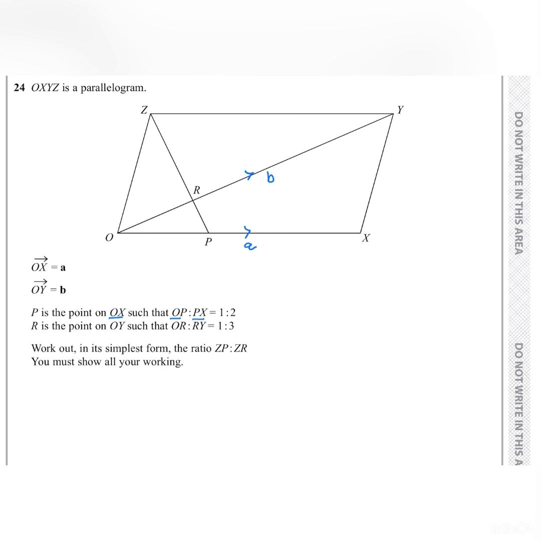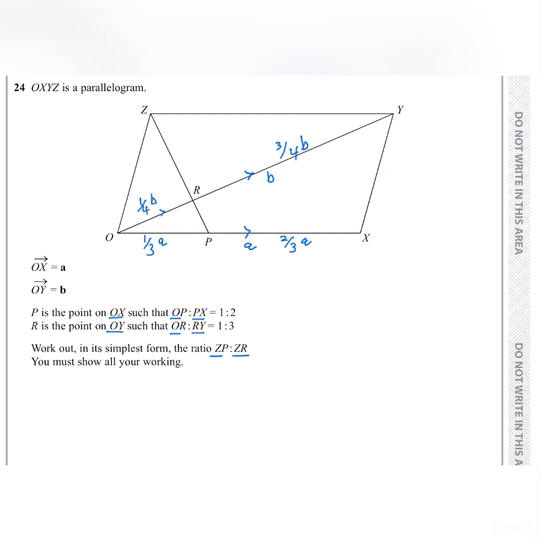So that means O to P is 1/3 A, and then P to X would be 2/3 A. And then R is a point on O to Y, such that OR and RY is 1 to 3. So O to R, this little bit here, would be 1/4 of B, and this would be 3/4 of B going from R to Y.